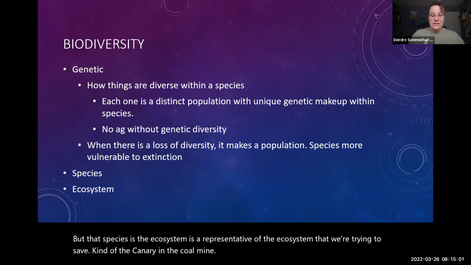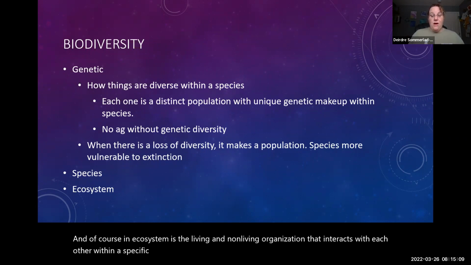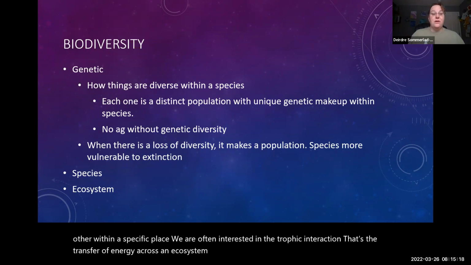And of course, an ecosystem is the living and non-living organization that interacts with each other within a specific place. We are often interested in the trophic interaction. That's the transfer of energy across an ecosystem, from prey to predator, from plant to grazer. So how energy passes across a system.